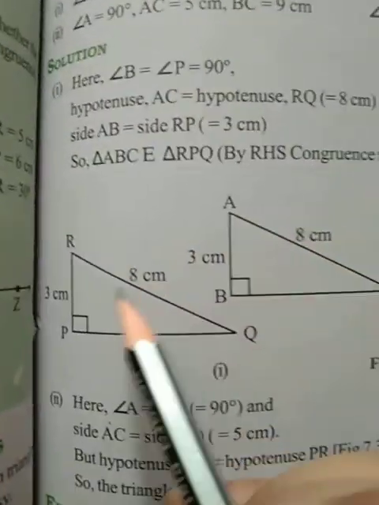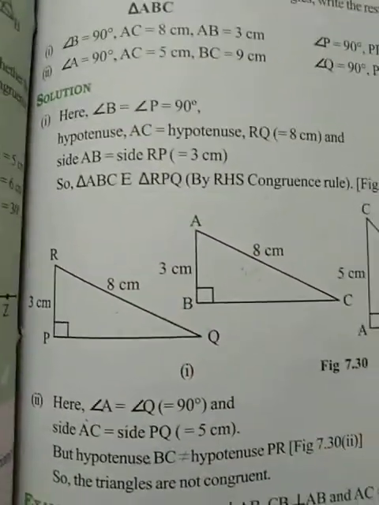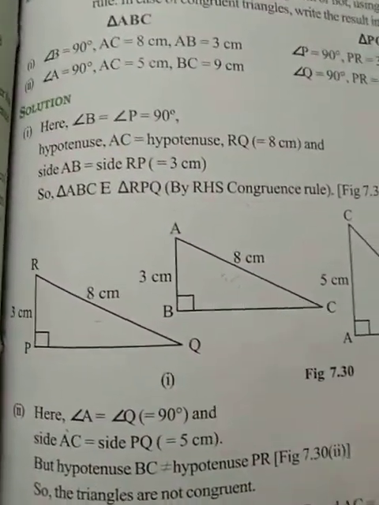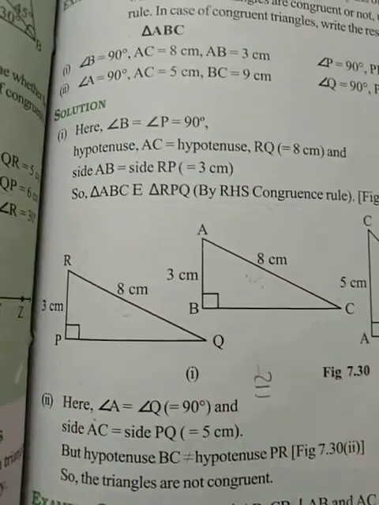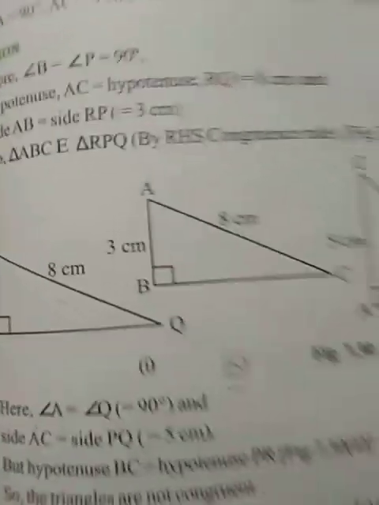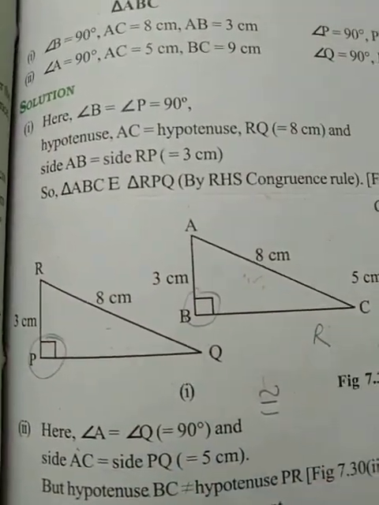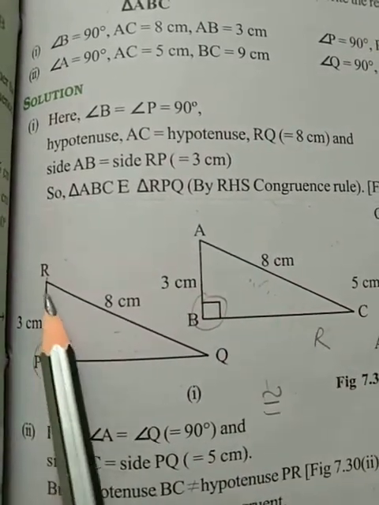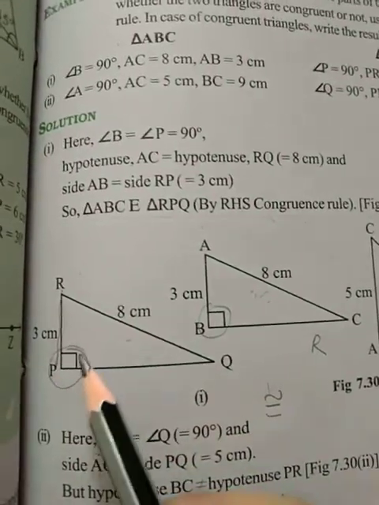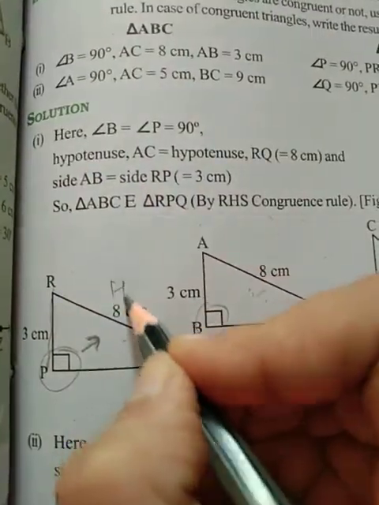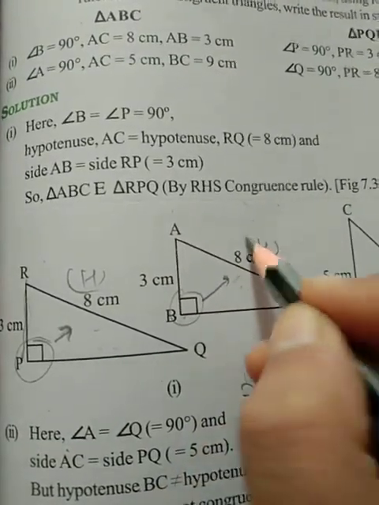See here, these two triangles are given to you, RPQ and ABC. In the starting you can read the triangle anyway, but when you are writing them in congruent form, then you have to write very carefully. Okay, now see here, this 90, this 90, so R done. Here this 3, H. See, the side which is opposite to 90 degree, that is hypotenuse, so this is hypotenuse.